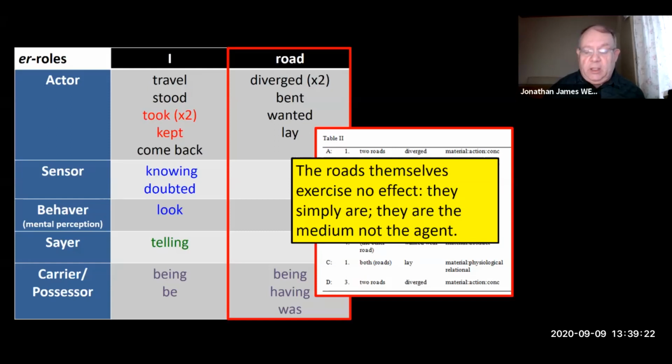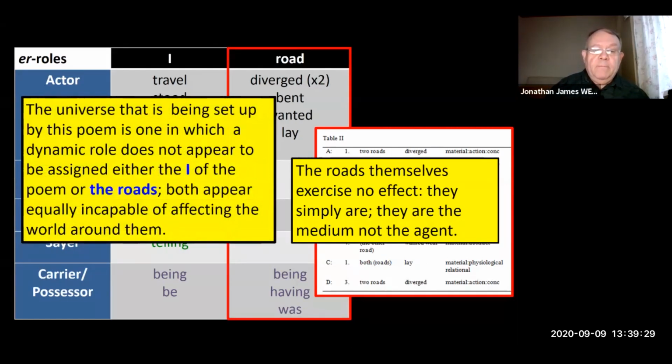So the roads themselves exercise no effect, ineffectual. So Hasan takes it a step further. She says the universe that is being set up by this poem is one in which a dynamic role does not appear to be assigned either to the I of the poem or the roads, both appearing equally incapable of affecting the world around them.